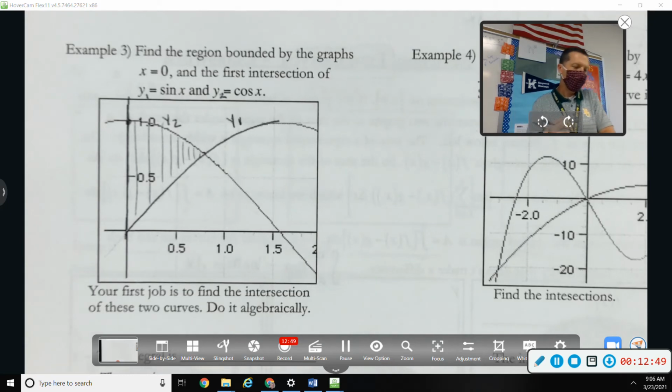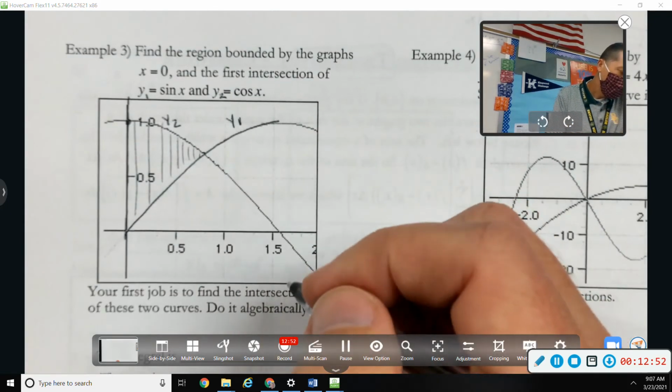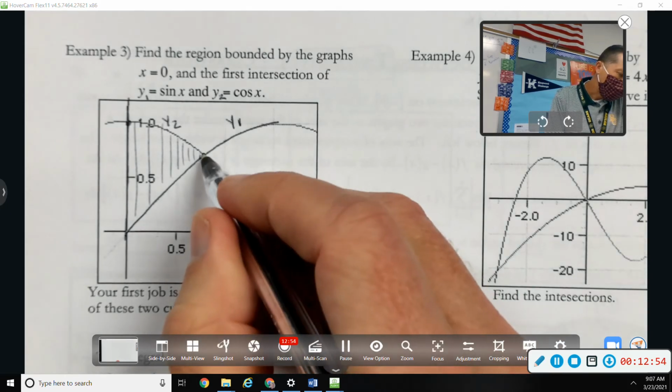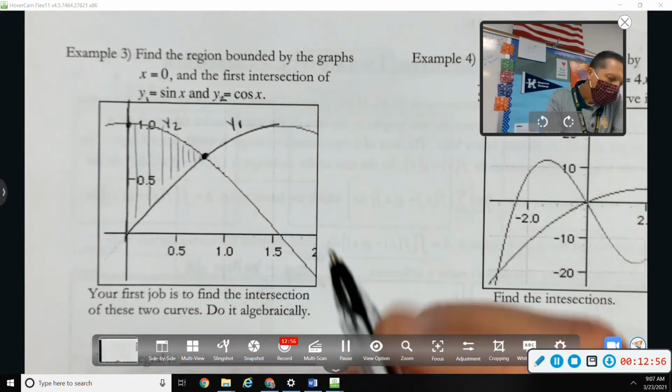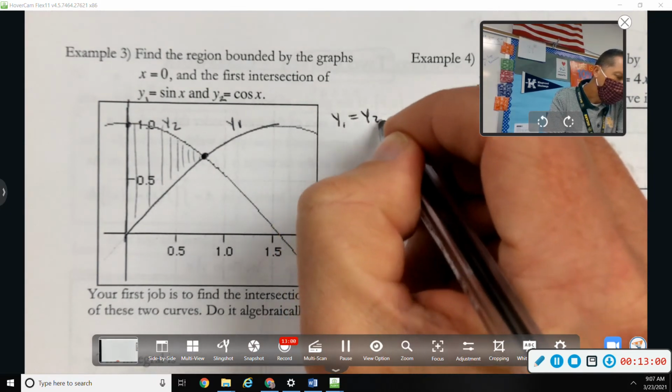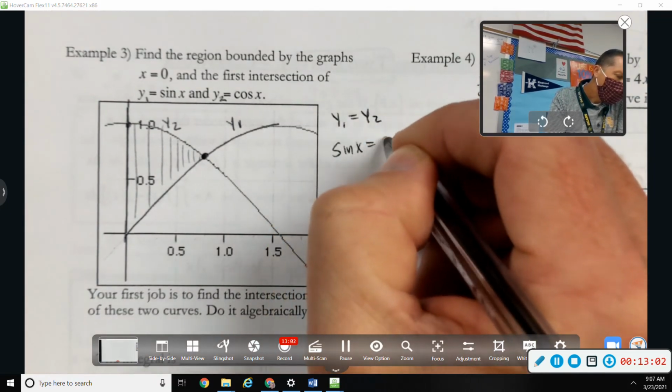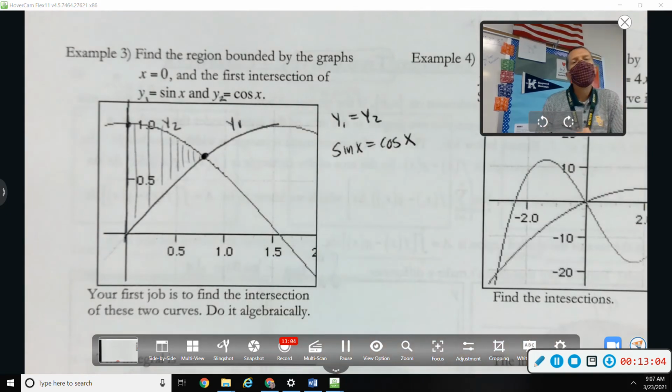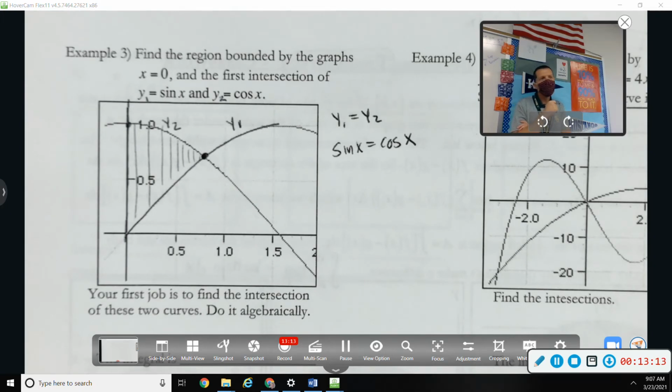Your first job is to find the intersection of these two curves. Do it algebraically. Well, algebraically would mean set y1 equal to y2. All right, unit circle people. Where do sine and cosine equal each other? Pi over 4.